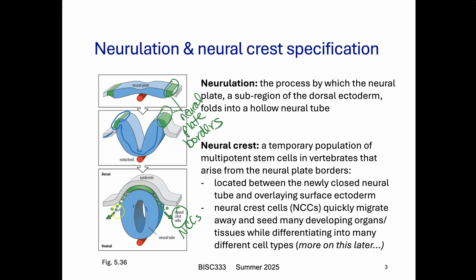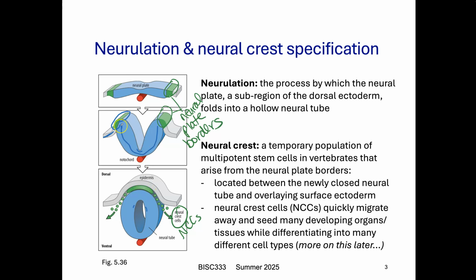They become individual populations of cells, and they migrate down and around the somites, which we'll talk about more in the next lecture, and they seed lots of developing organs and tissues. They contribute to heart innervation and gut and some other tissues, which we'll talk about more.